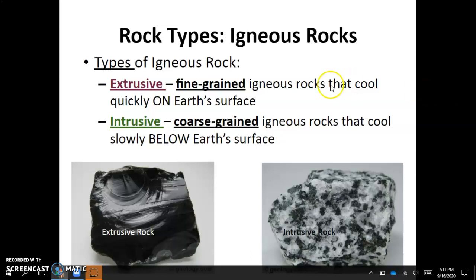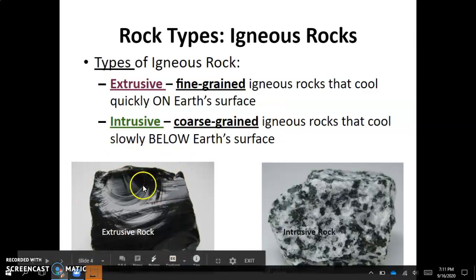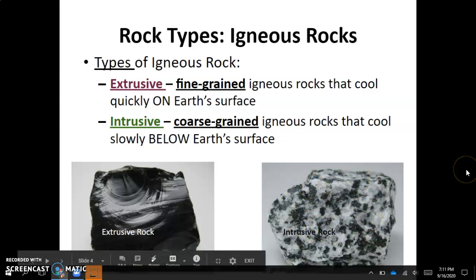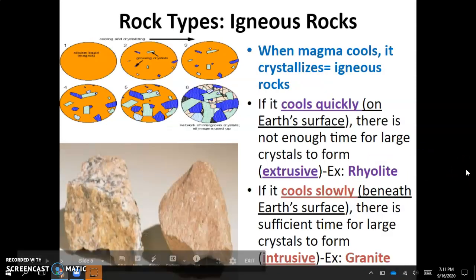So the extrusive over here is shiny and smooth. This is going to be cooled on top of the surface, and then the intrusive, that's coarser, and you can see these distinct pits in it. This is going to be intrusive. So when magma cools, it crystallizes and forms igneous rock.